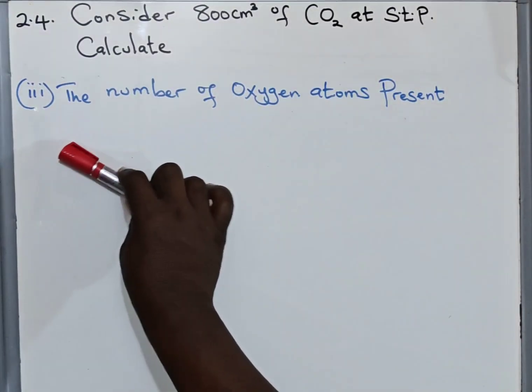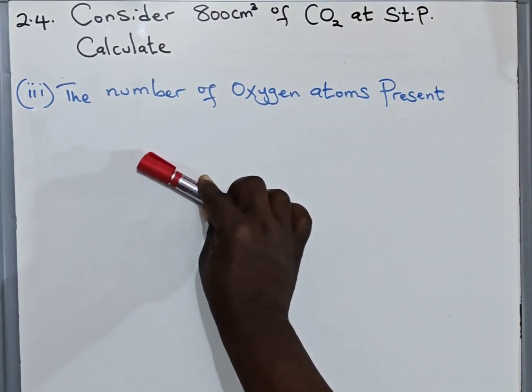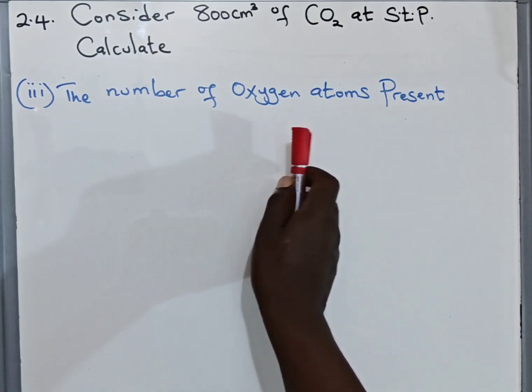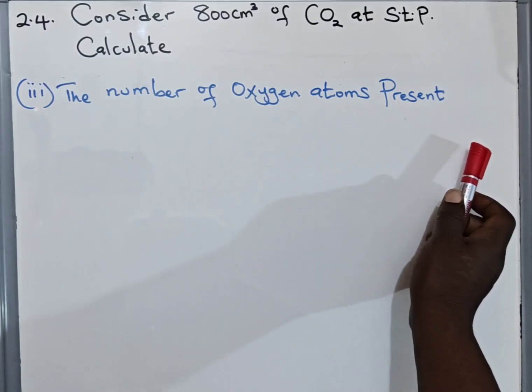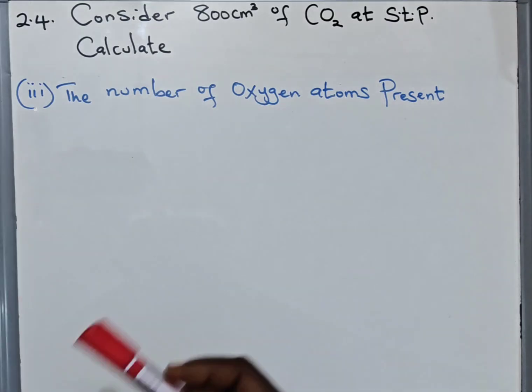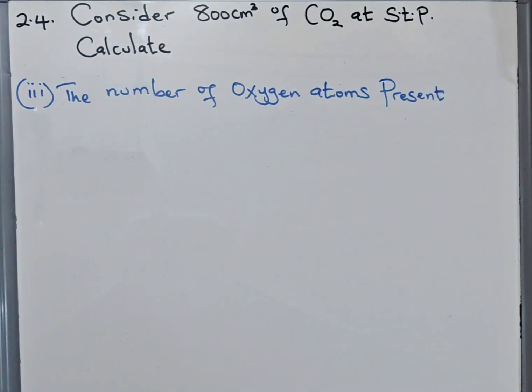then we come to this one. It says to calculate the number of oxygen atoms present. How do we do that?